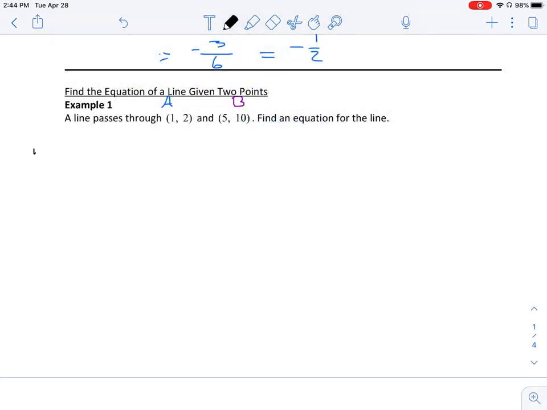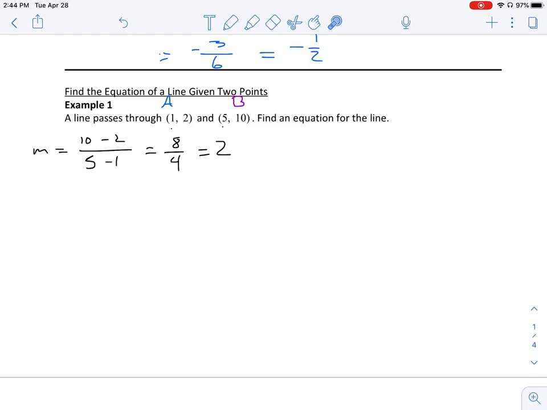Our slope is equal to y2 minus y1, in this case 10 minus 2, all over x2 minus x1, 5 minus 1, which gives me 8 over 4, which can be reduced to 2. So the slope of this line is 2.